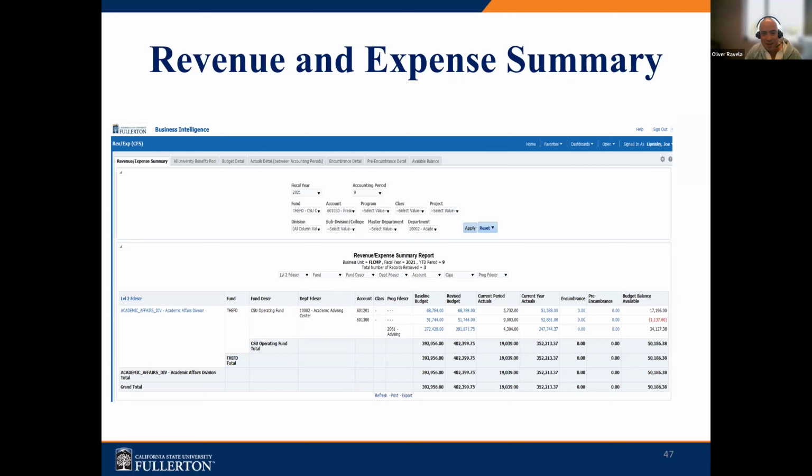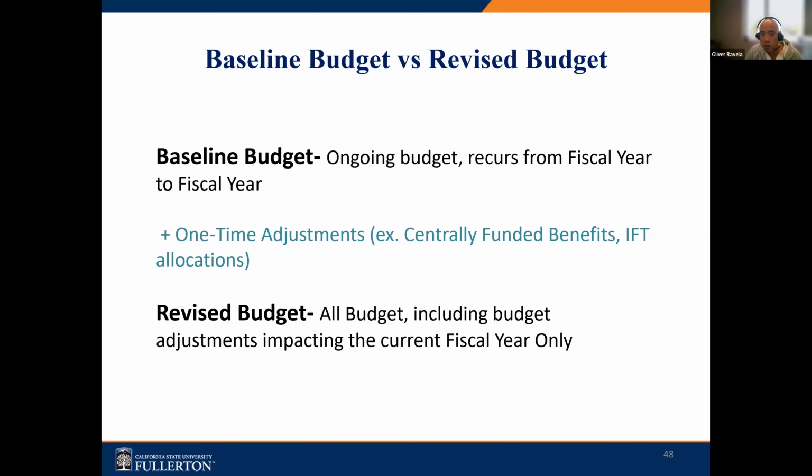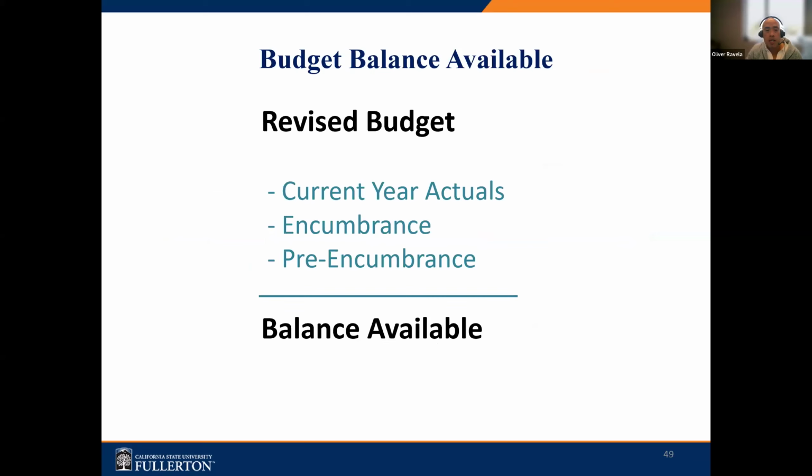It looks like I'm running out of time here, so I just want to touch real quickly on revenue and expense. Many of you have seen these reports before, but it is a way to get at the budget balance available. Your resources in the current fiscal year include your baseline budget and any one-time adjustments, which is reflected in your total revised budget. Your total revised budget less actuals, less any encumbrances, or contractual obligations, plus any pre-encumbrances or requisitions that are being processed that will eventually turn into encumbrances.